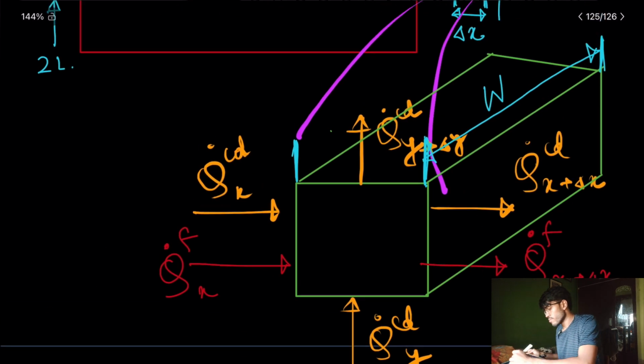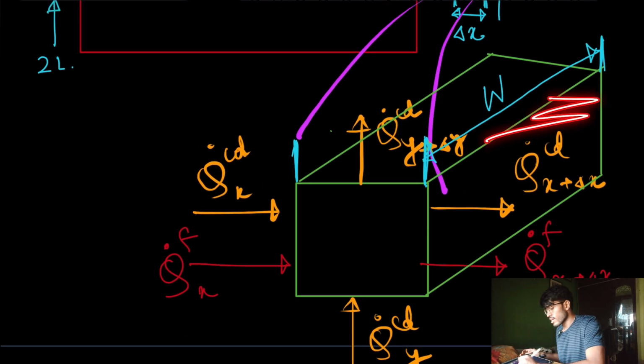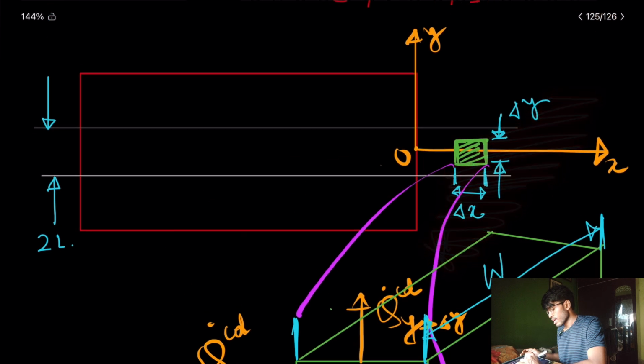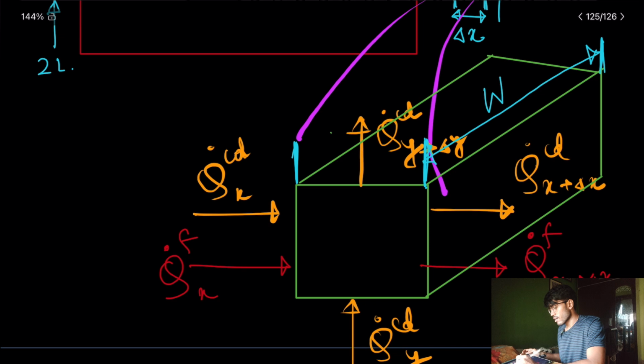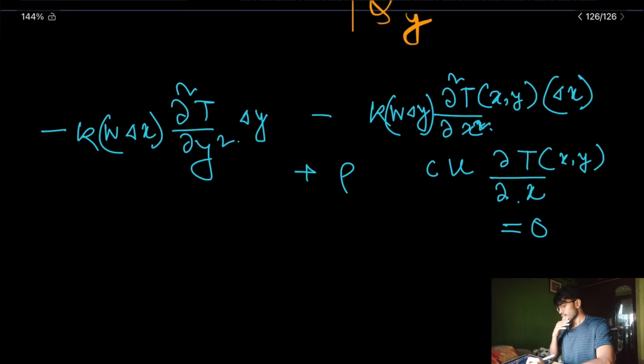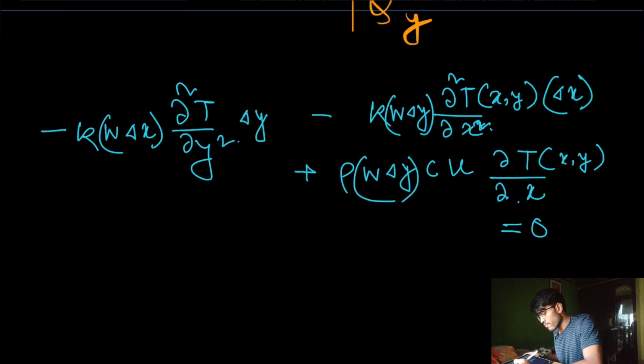It will be this area, because the energy flow is happening through this area, the conduction area, and that will again be w into delta y, and again you will have a delta x multiplied by this.